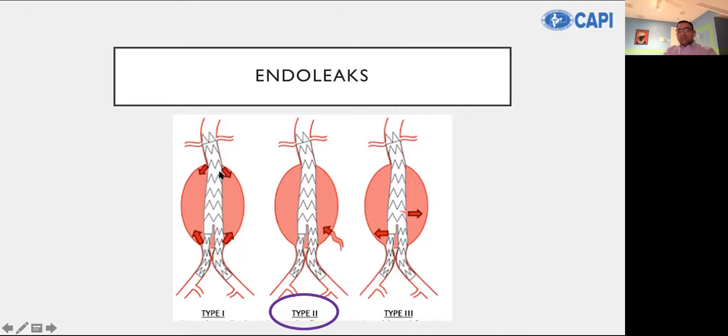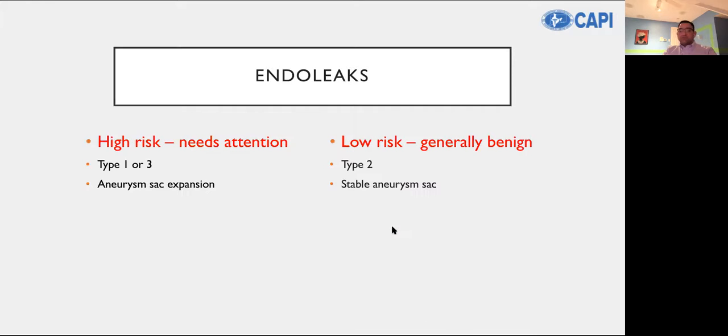If there is a type 1 endoleak, which is at the attachment site, or a type 3 endoleak, which is between the components, then that's a high pressure endoleak, and we need to intervene on those patients. So just something to remember, high risk endoleaks are type 1 or 3, or aneurysm sac expansion. Those are the features.